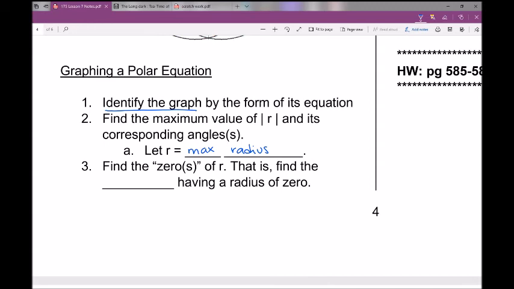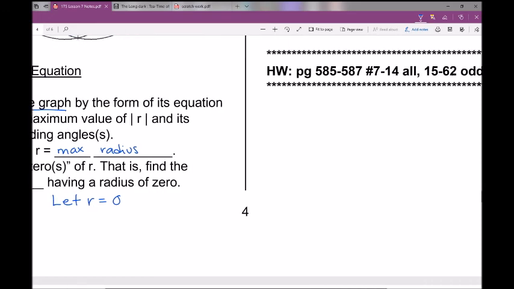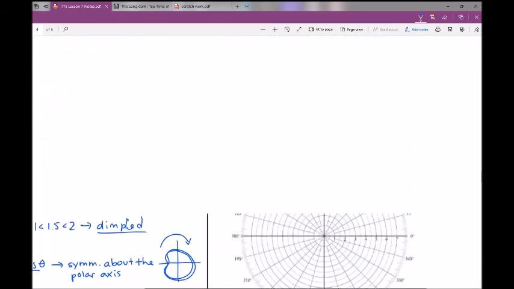What we mean here is find the angles that have a radius of 0. So let r equal 0 and then figure out the angles. What this will tell you is where the graph starts to repeat on itself, or where it crosses the origin.